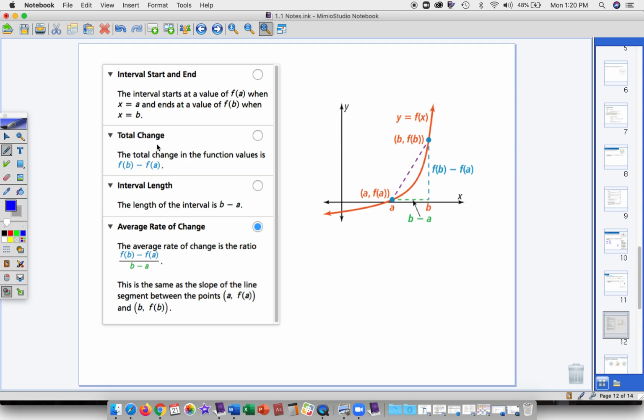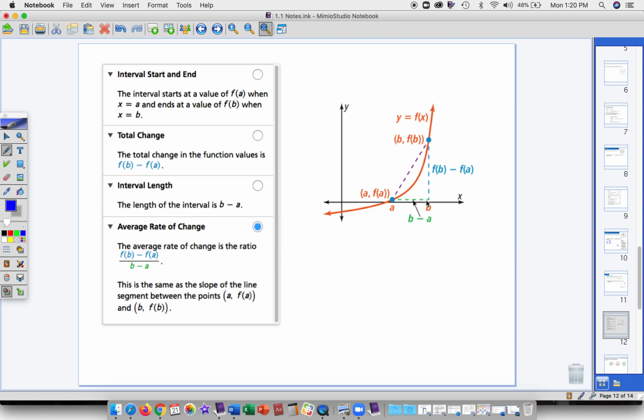To calculate the average rate of change, we take the difference of those y values, and that's what they're showing here. Here's the difference of the y values. If we create a right triangle, this side length would have the length of the difference of the two y values. This side length would have the difference of the two x values.